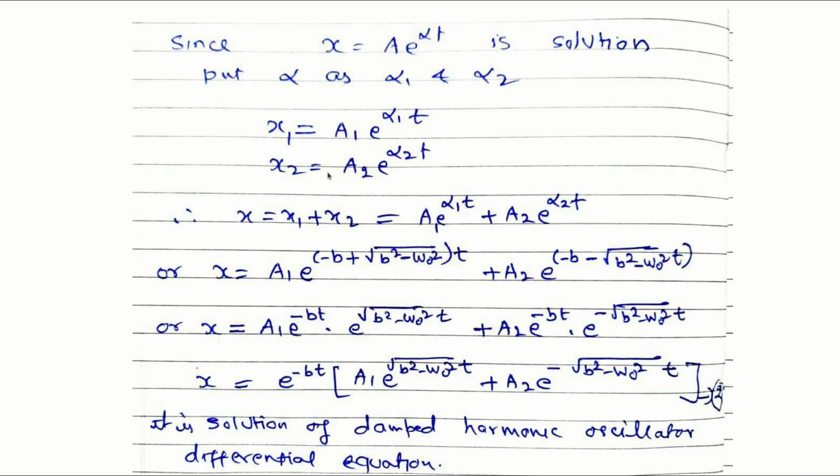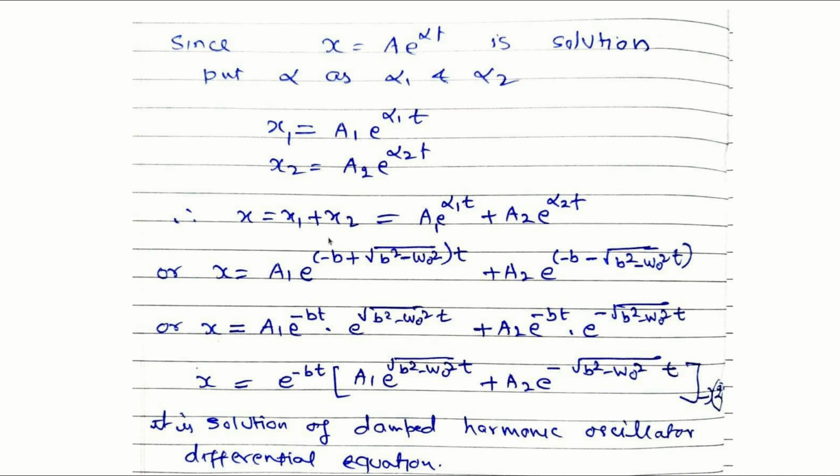So x1 and x2 can be written as a1 e raised to alpha 1 t and a2 e raised to alpha 2 t. Since we know that if x1 and x2 are solutions of a given differential equation, then their sum, or their superposition, is also a solution of that differential equation. So we can say that x equal to x1 plus x2 will also be a solution of the given differential equation.